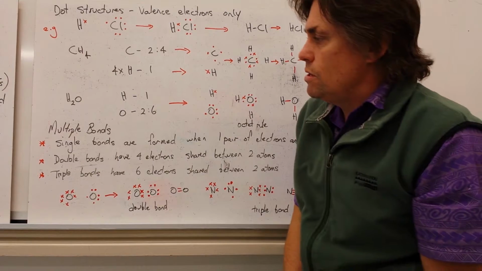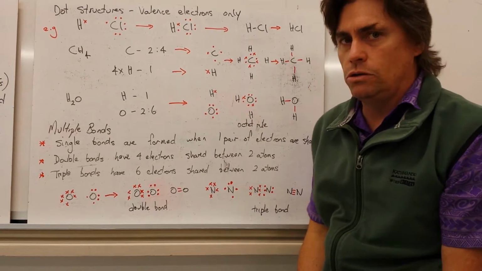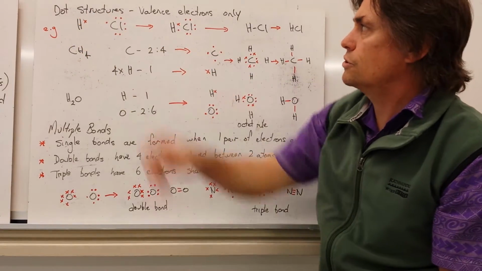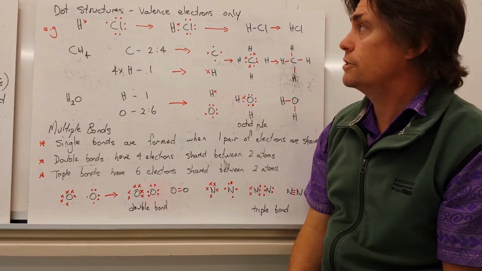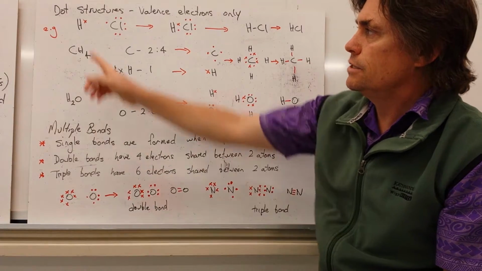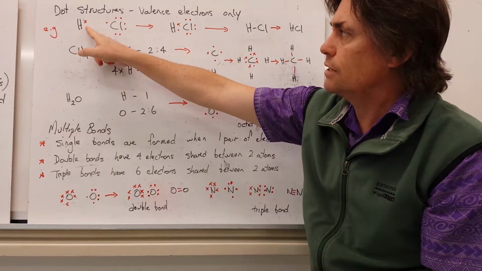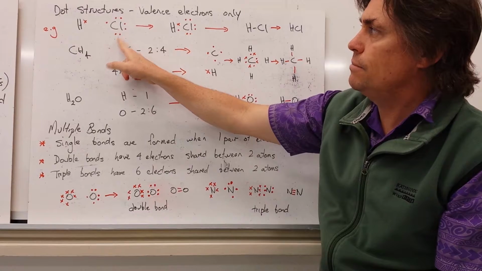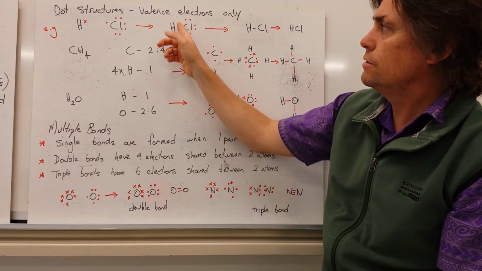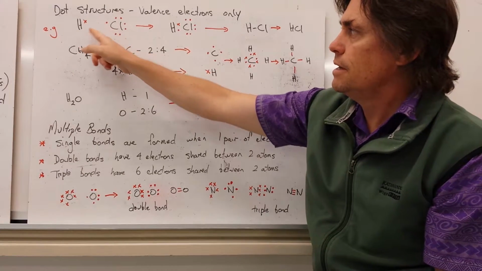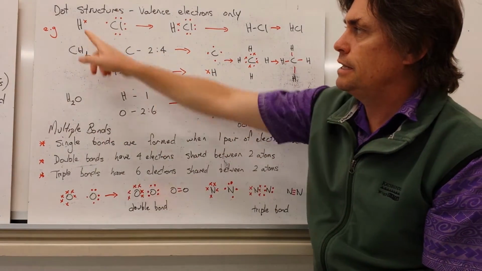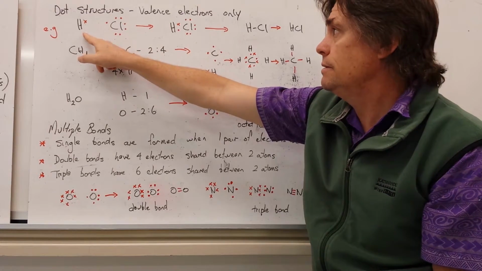Now we can draw our model for our bonding in another way. We can use what's called a dot structure, or Lewis dot structure. And this shows the valence electrons only. So I've got a hydrogen atom with 1 electron. I've got a chlorine atom with 7 valence electrons. These will share the 2 electrons to satisfy the octet rule for the chlorine and to give us 2 electrons for the hydrogen.